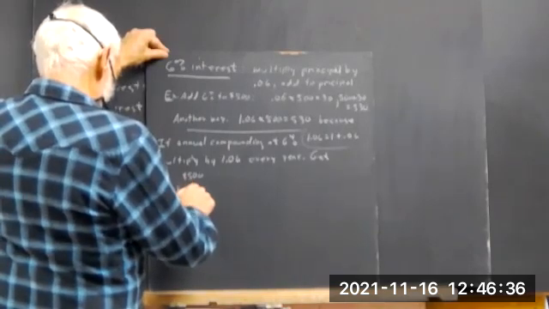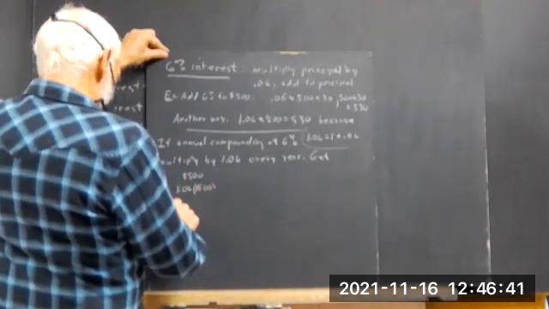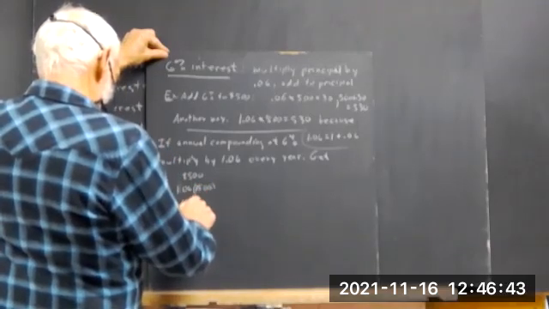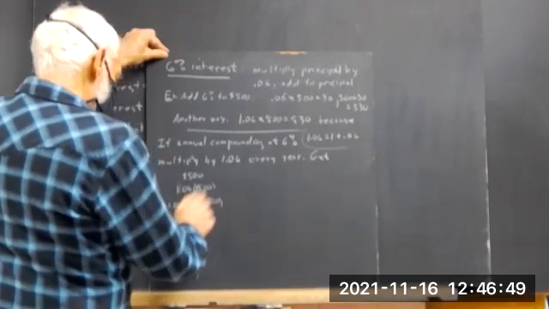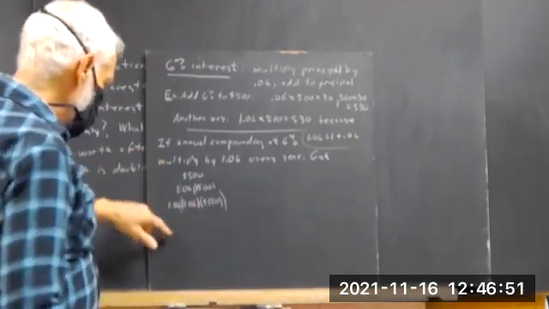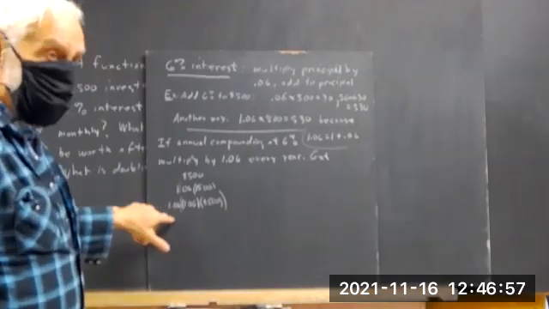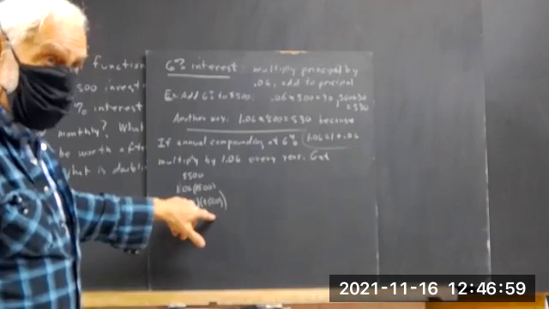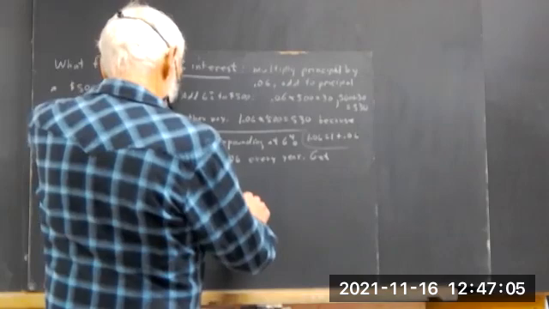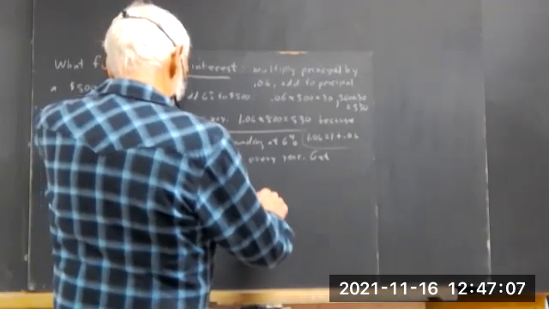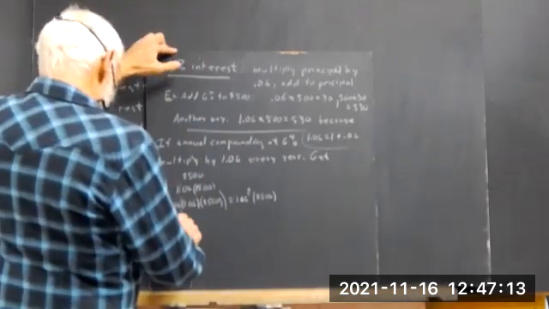Then you get 1.06 times $500. Then $1.06 times that, which is 1.06 times 1.06 times $500. What's an easy way to write that? 1.06 squared times $500, right? And then you get 1.06 times that.